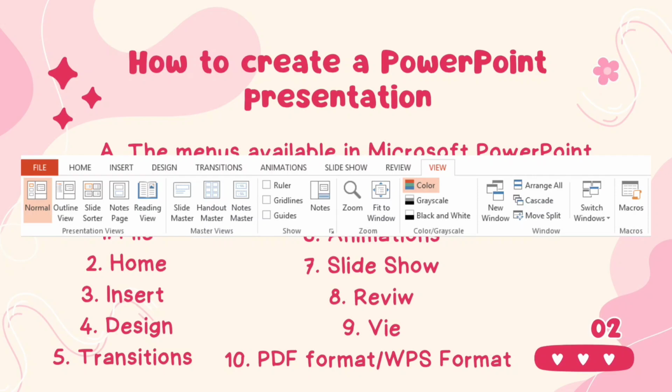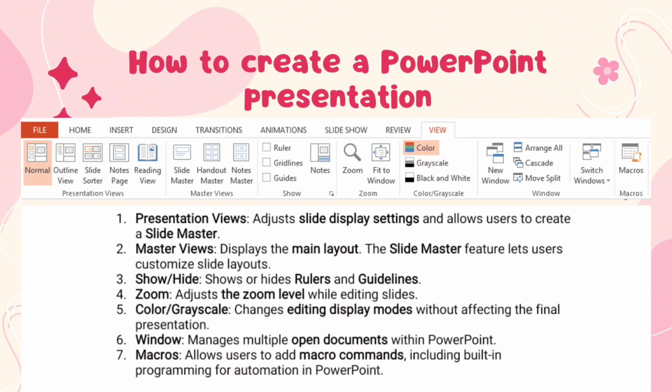The view menu is used to modify how the presentation appears while editing. It consists of 6 groups. There are presentation views, master views, show or hide, zoom, color or grayscale, window, and macros.